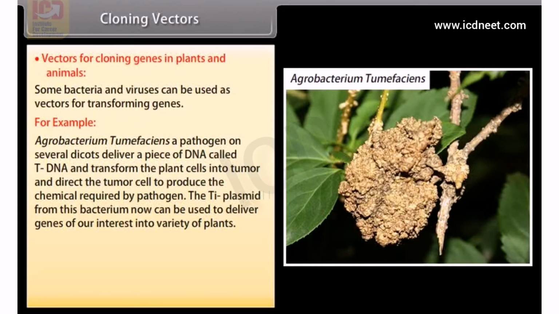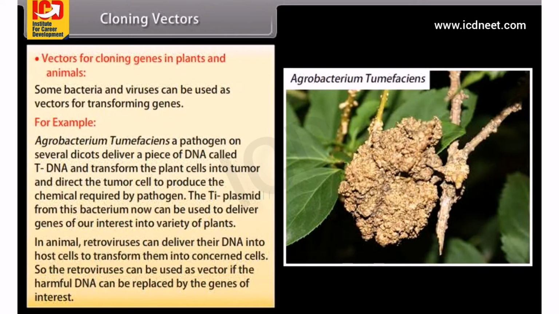The plasmid from this bacterium can now be used to deliver genes of our interest into a variety of plants. In animals, retroviruses can deliver their DNA into host cells to transform them into cancerous cells. So, the retroviruses can be used as vectors if the harmful DNA is replaced by the genes of interest.